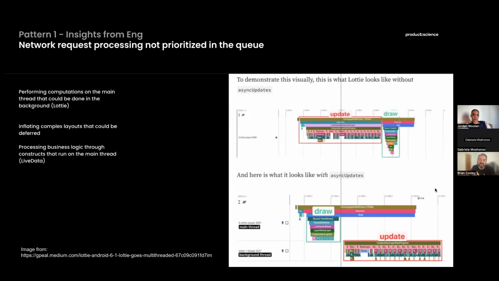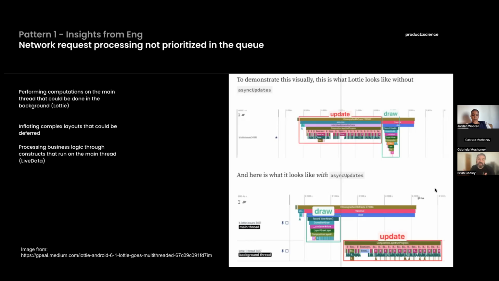And just to show you an example of the first case where you're talking about moving things onto a background thread, there's a blog post that Gabriel Peal, the main contributor to the Lottie Android animation library, made a couple of months ago, and I've provided the link at the bottom of the slide here.